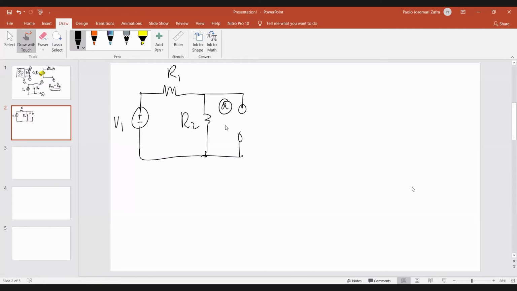So this is your A and this is your B. And normally we connect our R3 here, which is our load, diba? So our R3 is our load. No? So right now, let's just remove that for simplicity. So we attach a series resistor here. So this is R4. And you have V2 here.